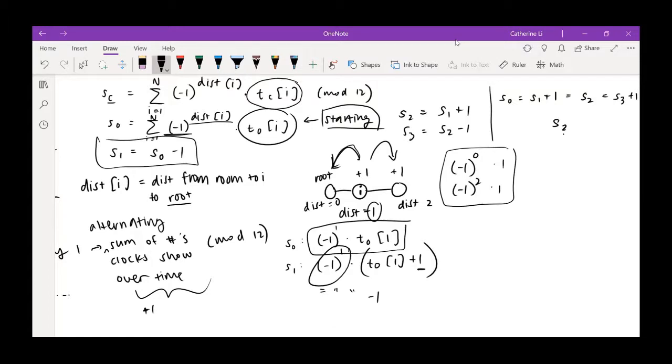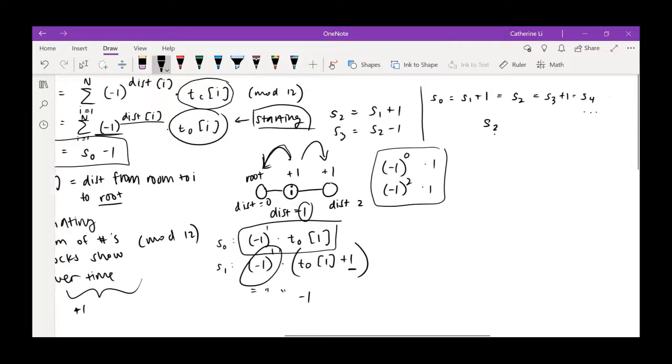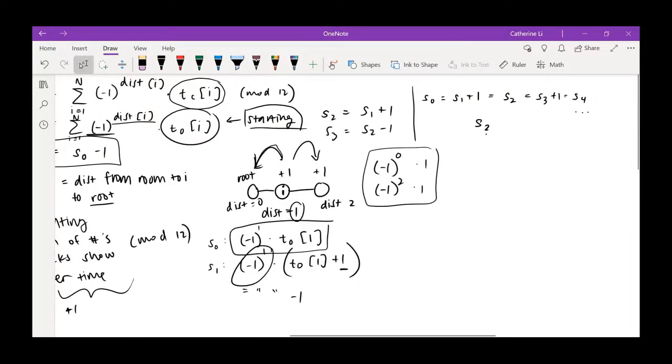So we're going to multiply by 0 mod 12 in each term, so the whole thing is going to be 0 mod 12. So we know this thing is equal to 0 at some point for some C, the number of corridors. And this is either equal to S_0 or this thing plus 1 is equal to S_0.